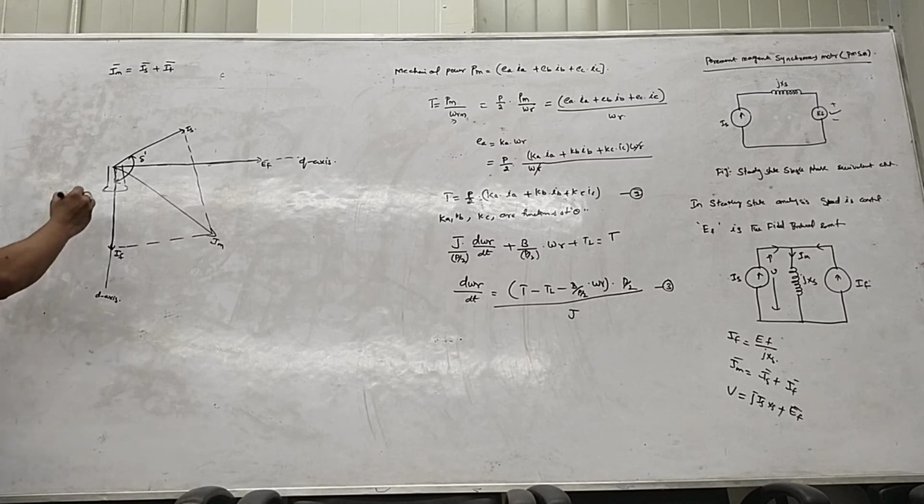As I already explained, V is equal to j into Is into Xs plus the induced EMF.